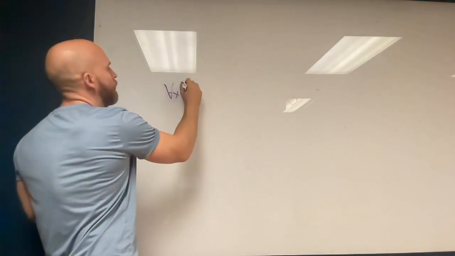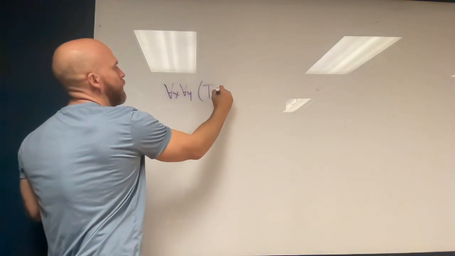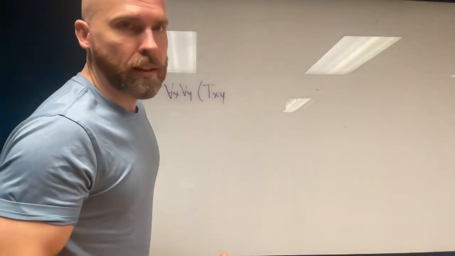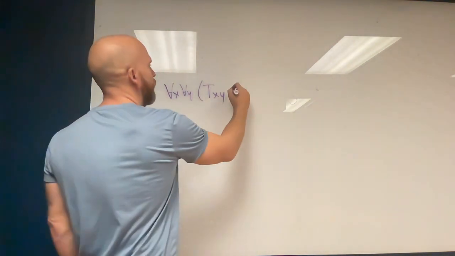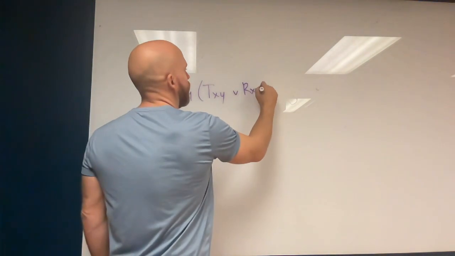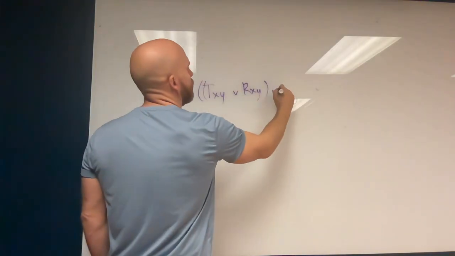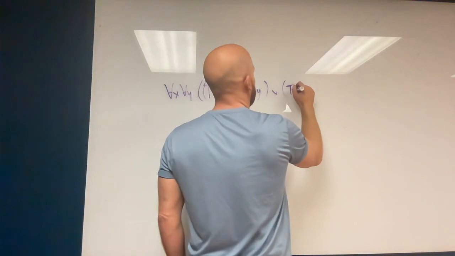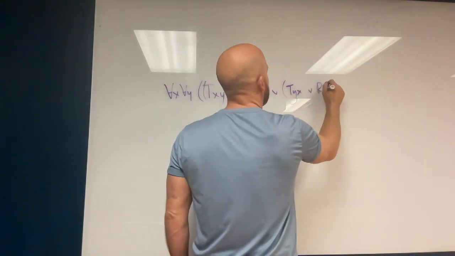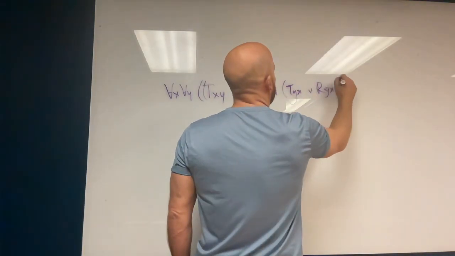But let's check the first thing out. The first one I asked: for all x, for all y, everything is taller than everything else, or everything is related to everything else, or everything is taller than or related to everything else.